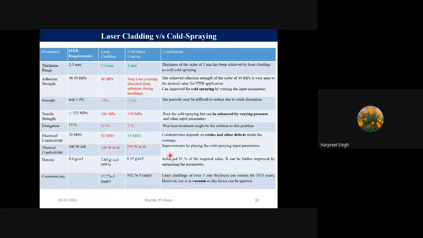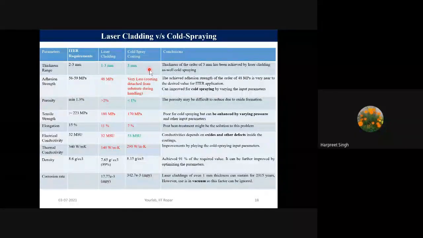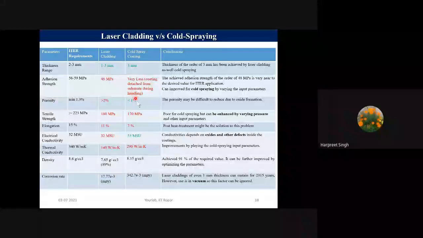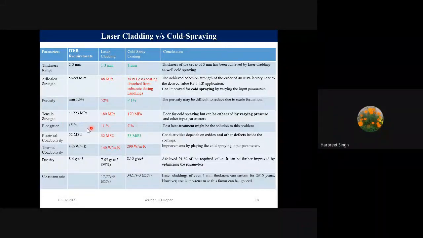See here the laser cladding, thermal conductivity and electrical conductivity. Electrical conductivity we could achieve even with this one, because it is pure copper. But then there were other problems, porosity and so on. Porosity was good, but elongation was also some kind of limitation and things like that.